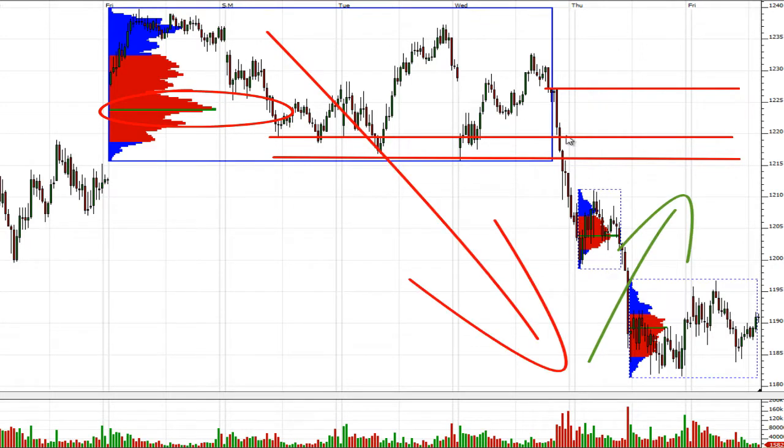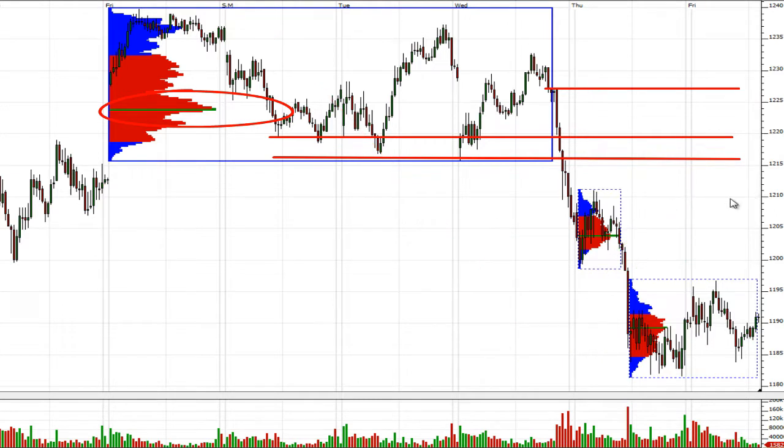If we did break through this to the upside, it would be telling me maybe they're not as aggressive as I thought for the time being on this time frame, but I would zoom out and still see that the major key reference area is this one, and that we are still below it. So then what I would expect is the next key reference area.